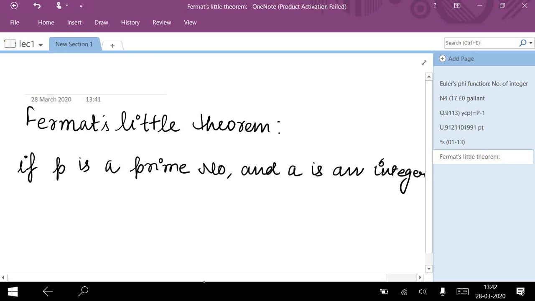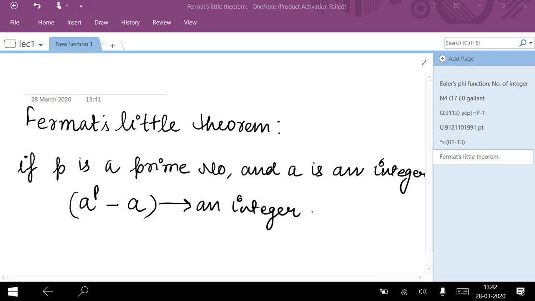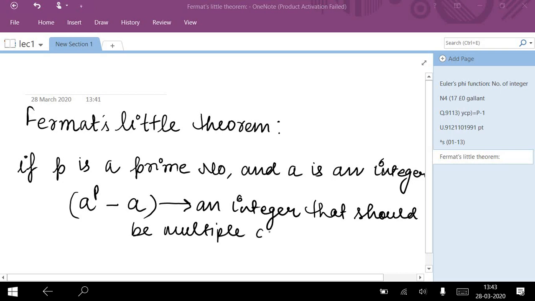In this case, a to the power p, means integer to the power prime number, a to the power p minus a. This equation will give you an integer that should be a multiple of a prime number.